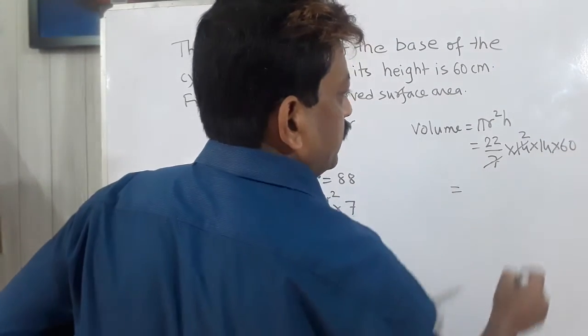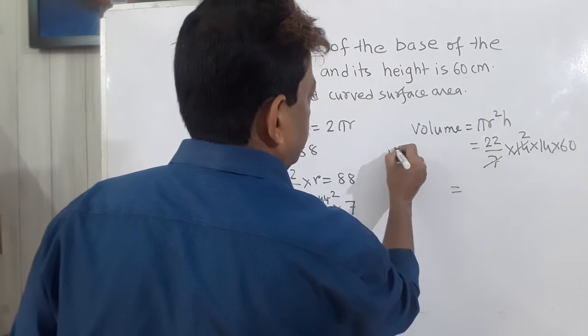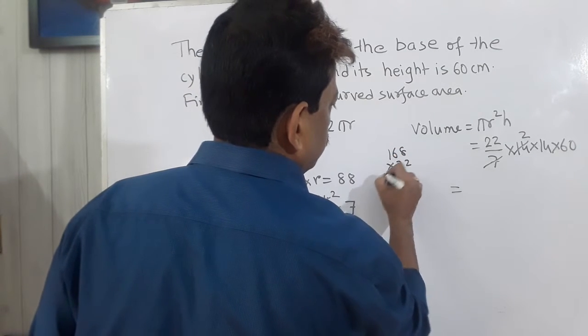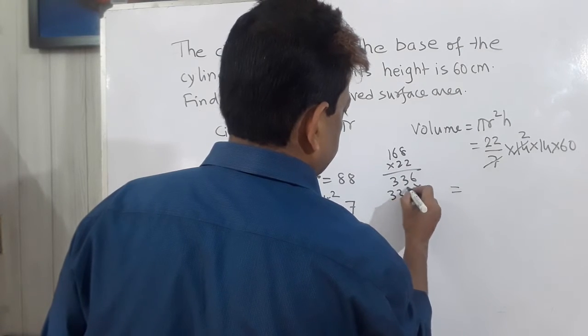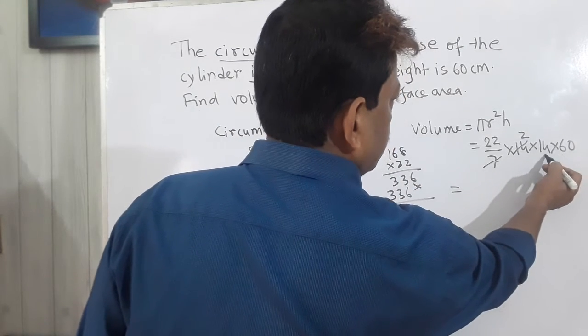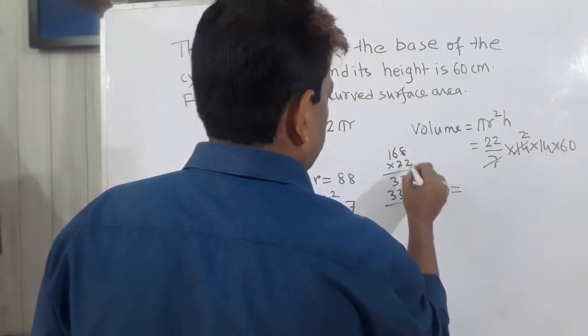So we have to multiply all these. 6 into 14 is 84. 84 into 2 is 168 multiplied by 22.